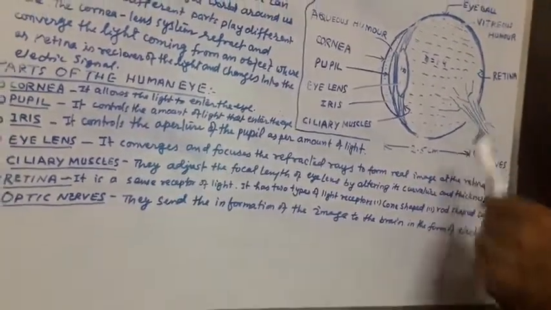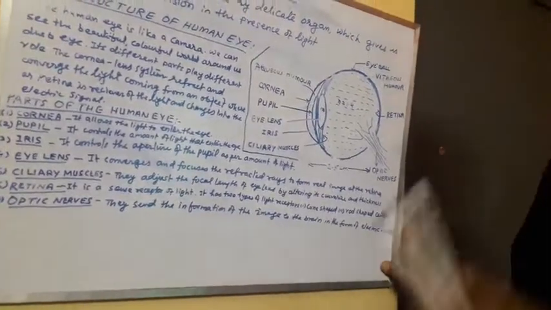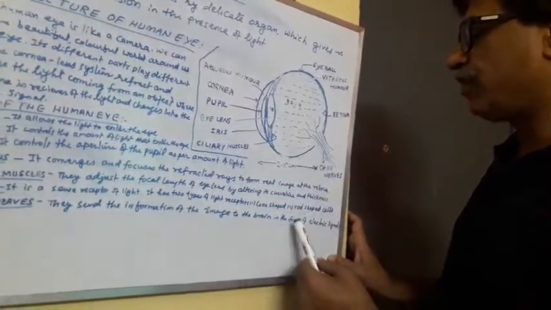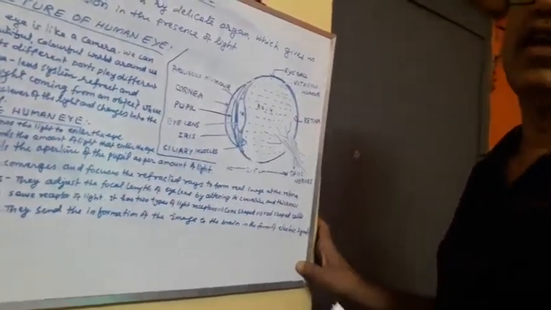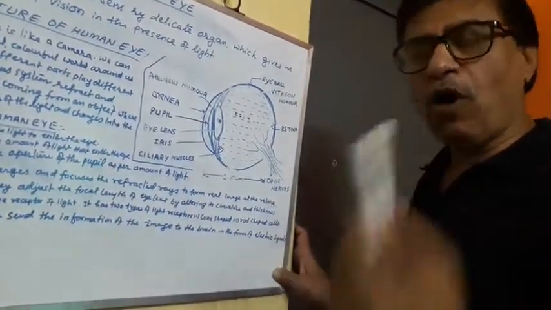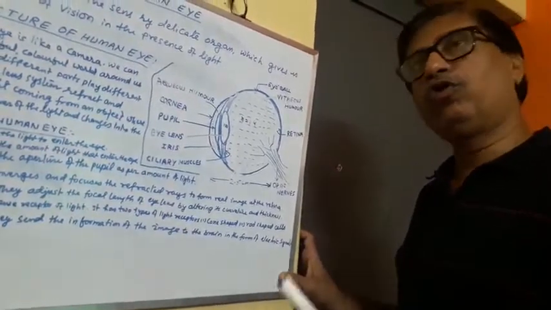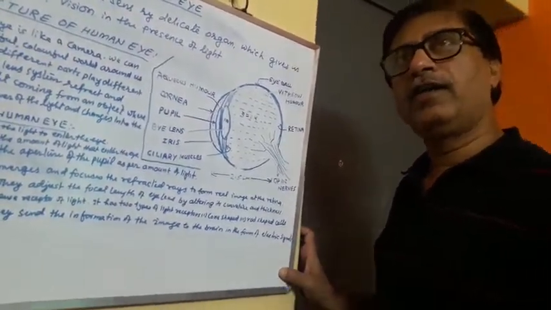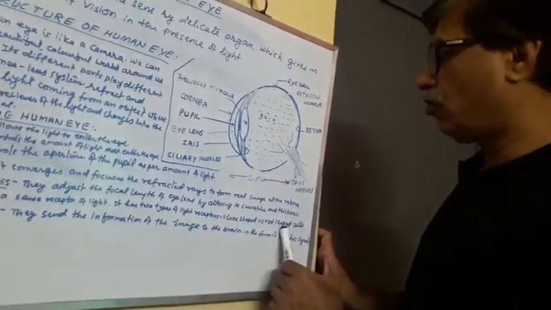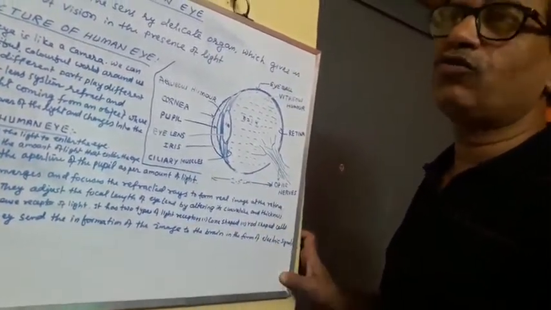The cone-shaped cells respond to the color of the light only in a bright medium. The second type of cells, the rod-shaped cells, respond to the brightness of light in both conditions, in dim light as well as in bright light. So the rods have an important role to sense the brightness of the light.